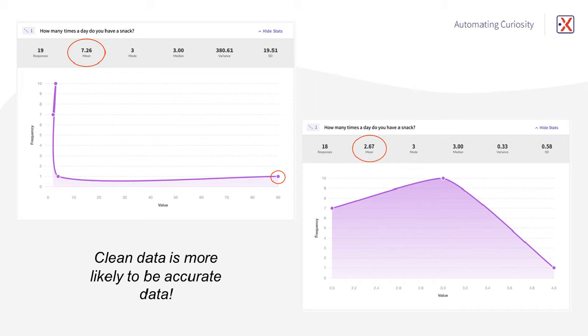And so in this example, on the left, once I visualize and once I have the other statistics, if I look at variance and standard deviation, you're able to notice that this is pretty large.